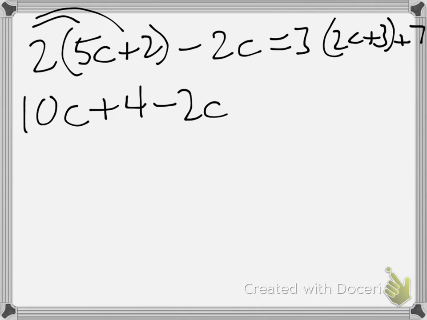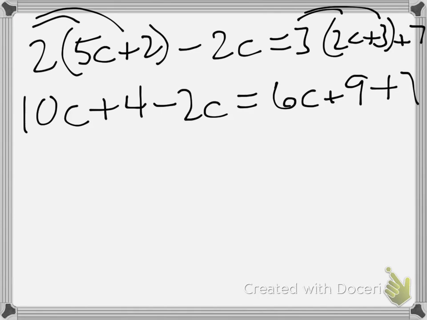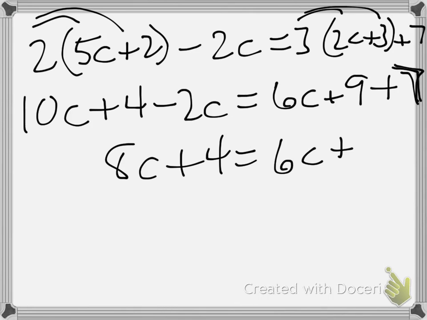Bring down the minus 2c. Distribute the 3, so that's 6c plus 9 plus 7. Hopefully I don't make a mistake. You guys won't be able to correct me. On the left side we have like terms, so 10c minus 2c is 8c plus 4. And on the right side we have 6c plus 16. We combine the 9 and the 7.